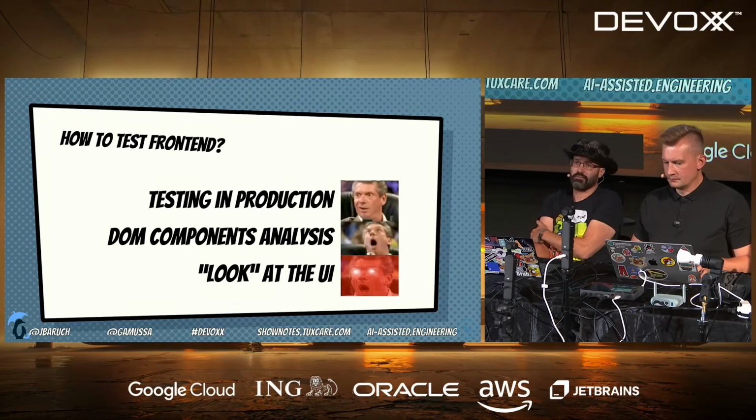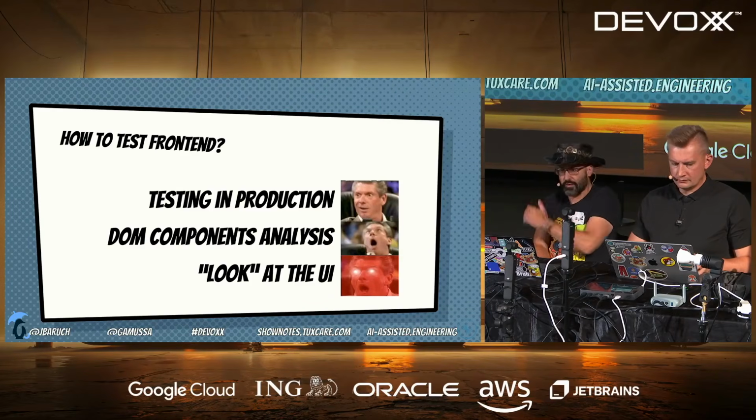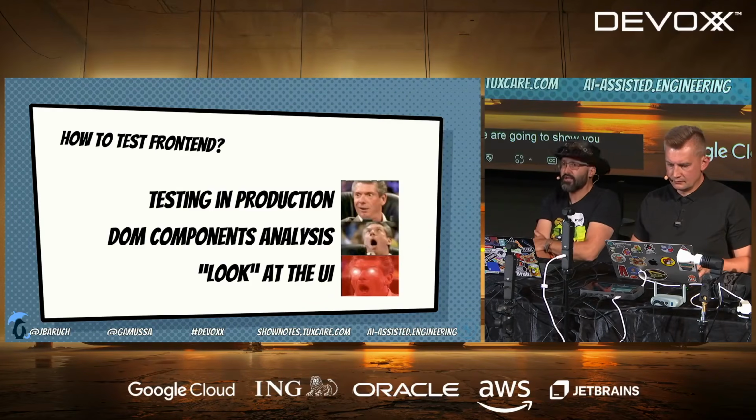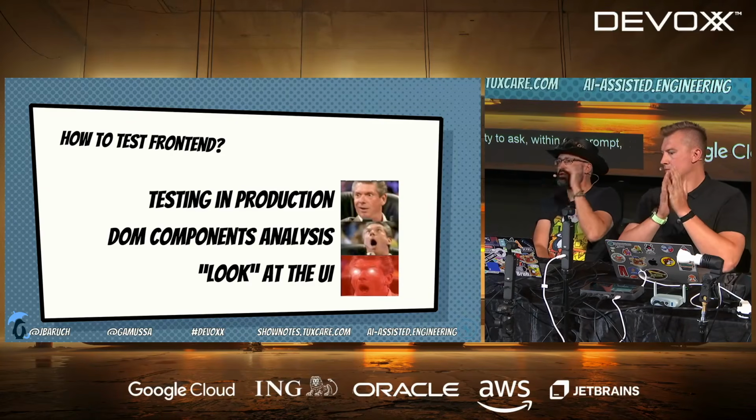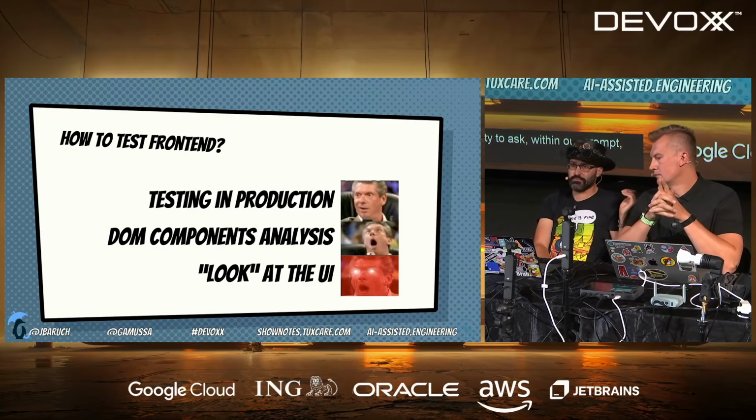How is this done? This is done by a concept called tooling integration that the modern tools, like all the tools that we are going to show you, are capable of, and tools can be local or remote. Remote tools are exactly what Model Context Protocol is. It's basically the ability to ask within our prompt to go and use some third-party tool.